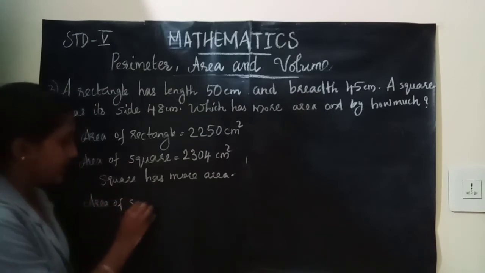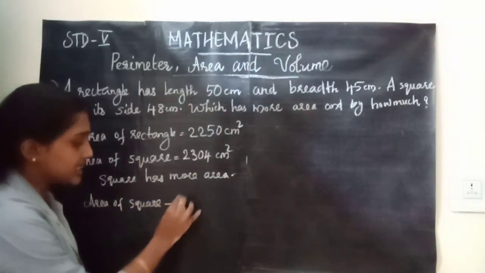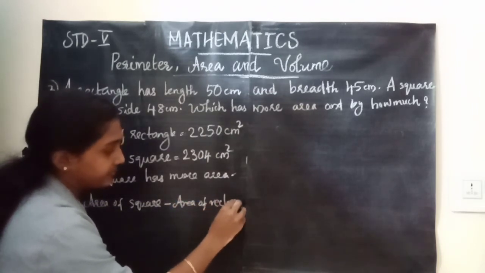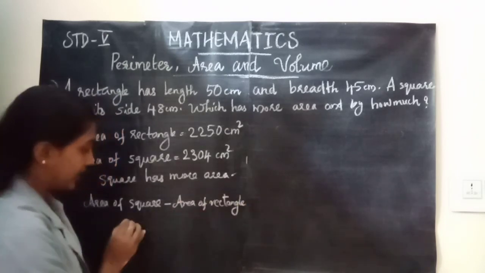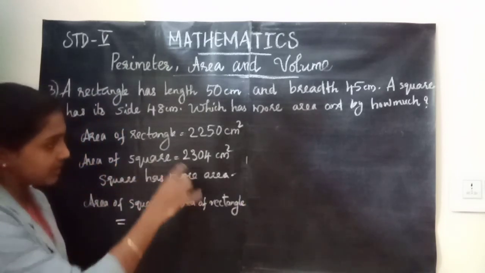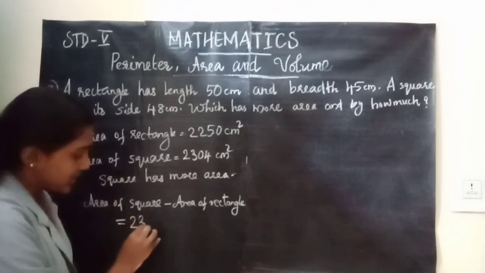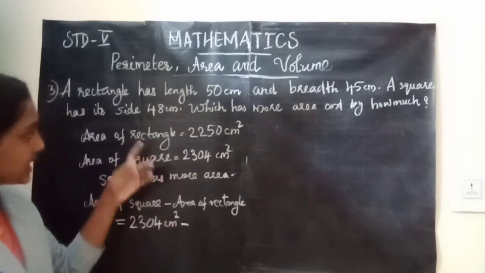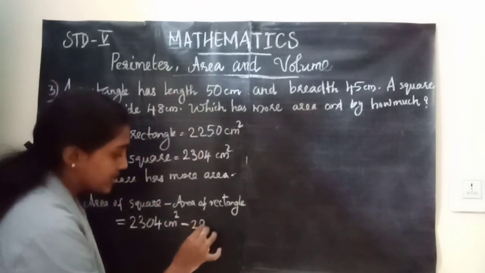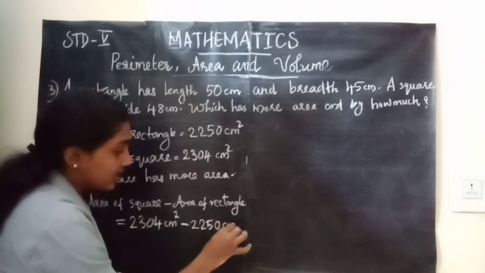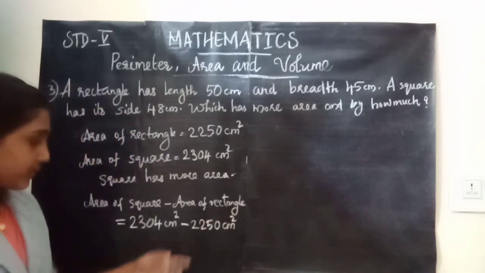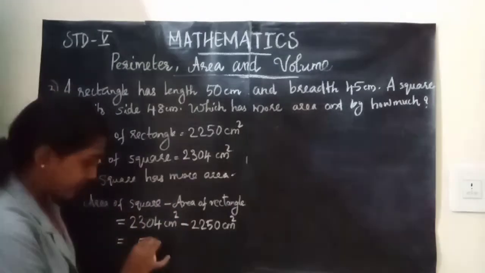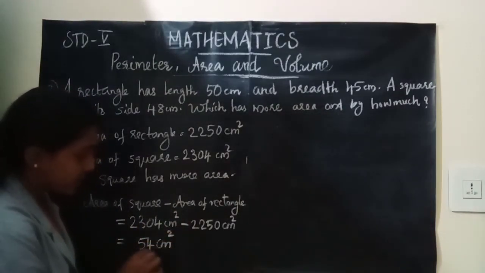Area of square minus area of rectangle is equal to 2304 centimeter square minus 2250 centimeter square. And doing the subtraction, we'll get the answer as 54 centimeter square.